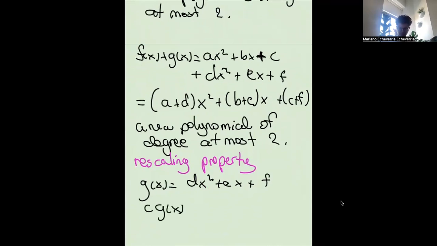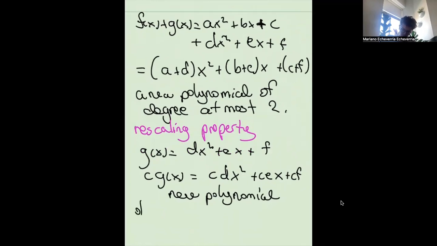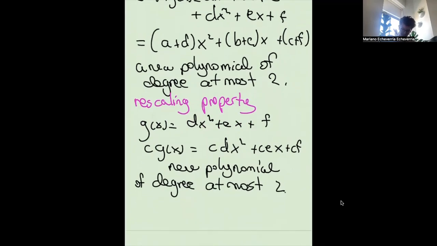What is c times g of x? That would be cdx squared plus cex plus cf. That's just a new polynomial of degree 2. So you would say that this V is a vector space.